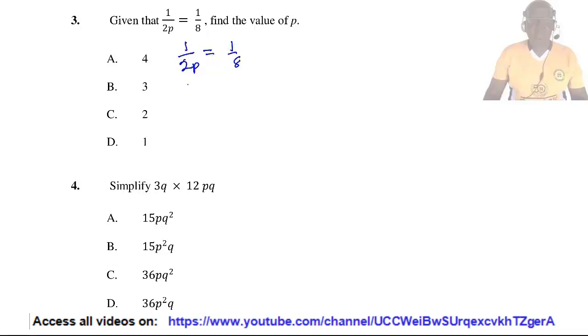That's 2p times 1 to be equal to 1 times 8, or 2p to be equal to 8. We shall divide through the equation by 2. So we shall get p to be equal to 8 divided by 2, which is equal to 4. So the answer is A.